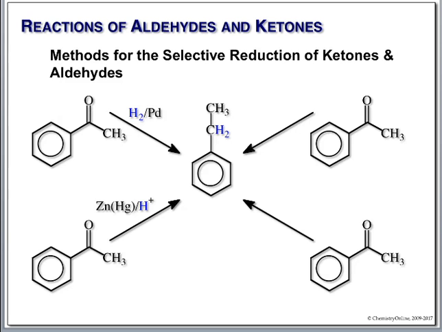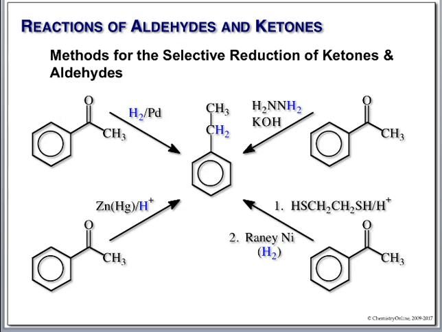So in terms of our great carbonyl disappearing act, there are 4 ways that we know to do this. Back in 234, you learned that you could take a carbonyl in the presence of hydrogen, platinum, or palladium on charcoal. You could reduce the carbonyl to a CH2. This is our Wolff-Kishner, hydrazine and KOH.